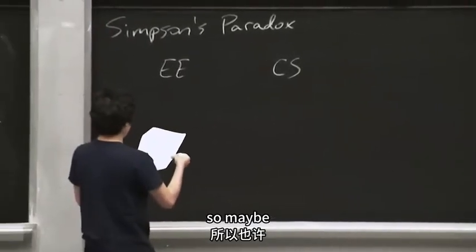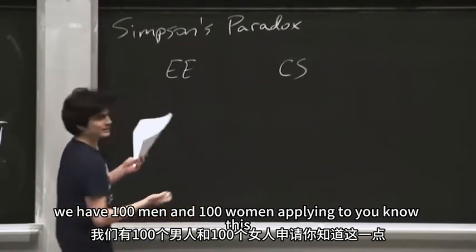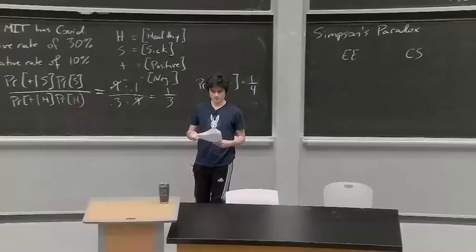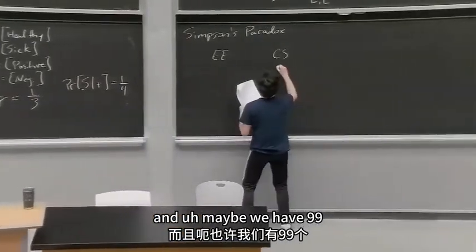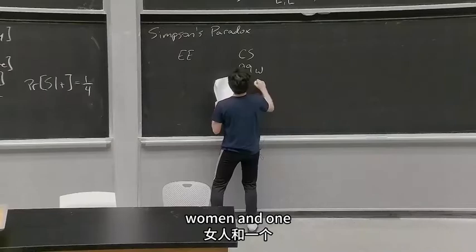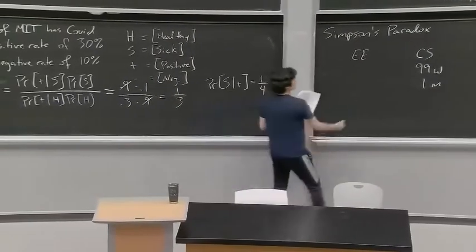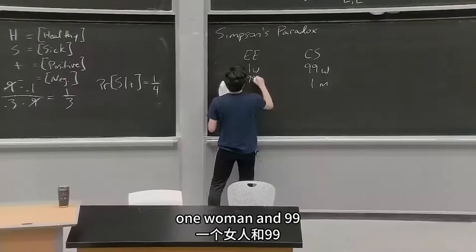So maybe we have 100 men and 100 women applying to this two-department UC Berkeley. Okay? And maybe we have 99 women and 1 man apply to CS. And in EE, it's the opposite. 1 woman and 99 men.